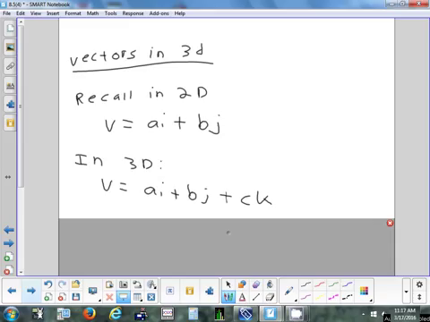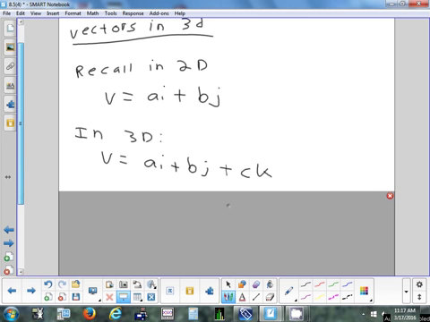So I is the unit vector on the x-axis. J is the unit vector on the y-axis. K is the unit vector on the z-axis. And what we say is that vectors I, J, and K span, S-P-A-N, they span 3D space. Meaning, if you pick a location anywhere in 3D space, I can stack I's, J's, and K's together to get to your point.